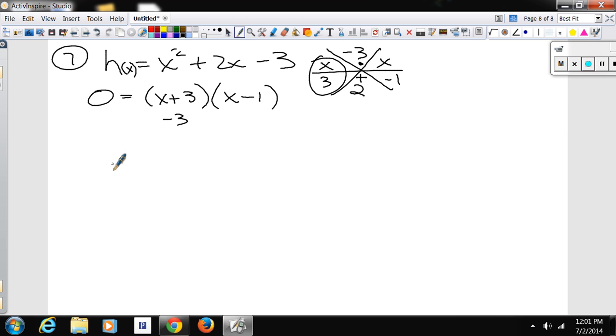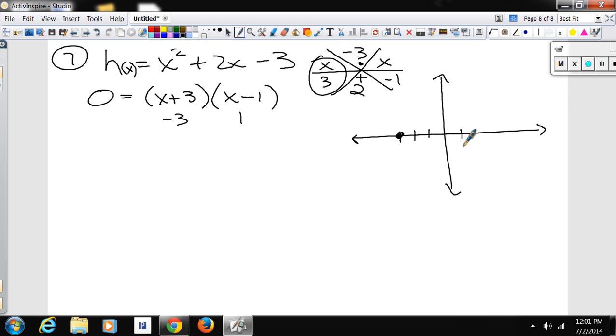What's going to make this one equal 0? What's going to make that parenthesis equal 0 right here? Positive 1. So let's take a look at where those 2 points are on our x-axis. So negative 3 is over here.